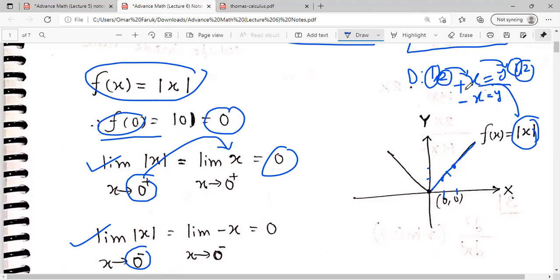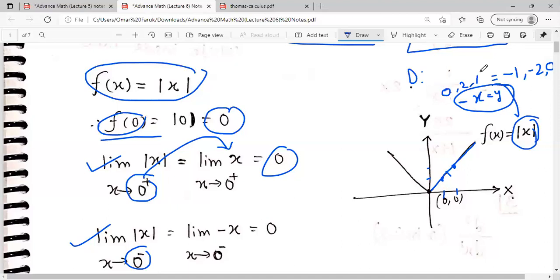And for this part, y is equal to minus x, you take x is equal to 1. If x is equal to 1, y will be minus 1. If x is equal to 2, y will be minus 2. If x is equal to 0, y will be 0.